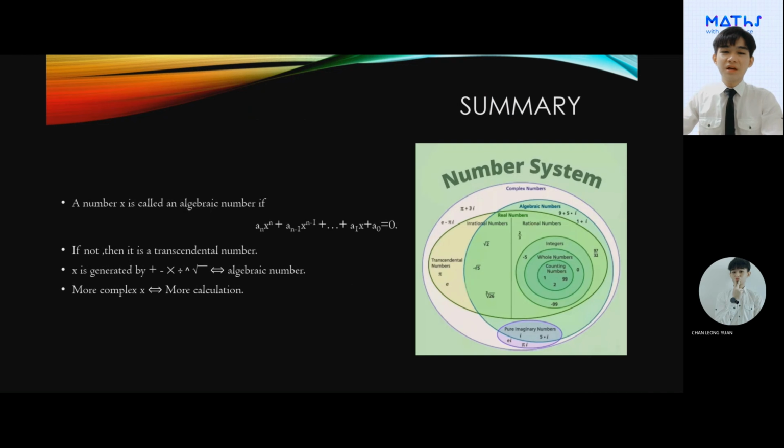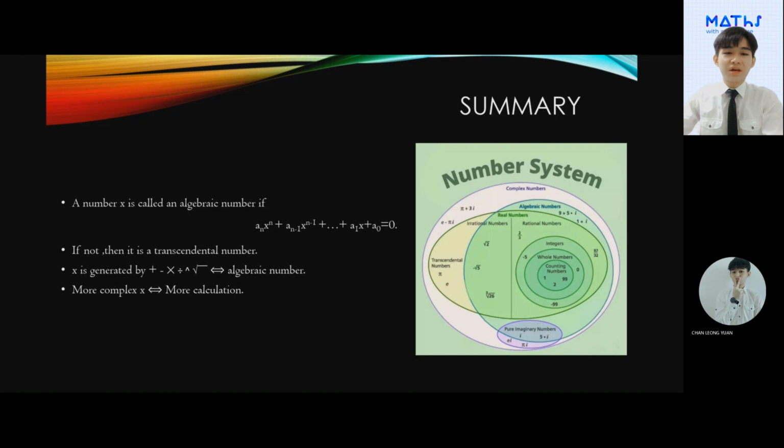In a nutshell, as you can see in the right-hand side picture, all rational numbers are algebraic and some real numbers cannot be expressed as algebraic numbers. A number s is algebraic if it satisfies this polynomial equation and all the coefficients are rational numbers or integers. If not, then it's a transcendental number.